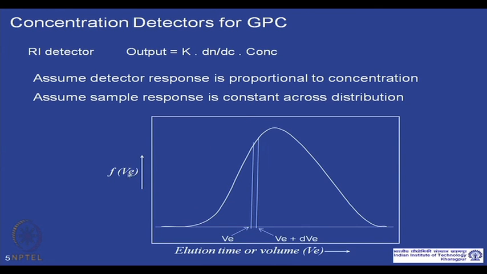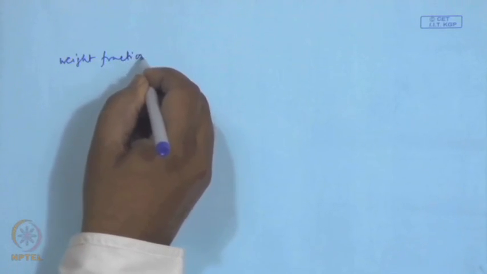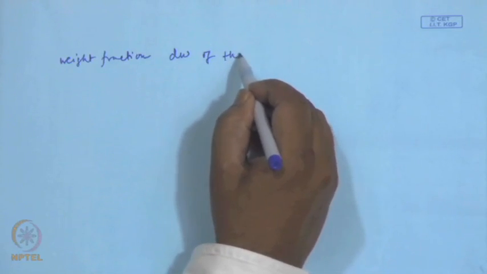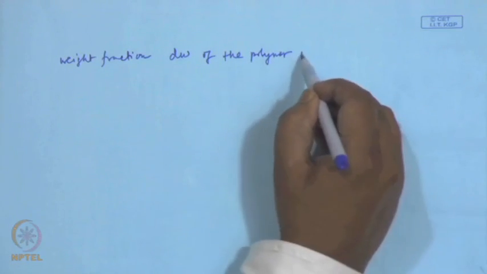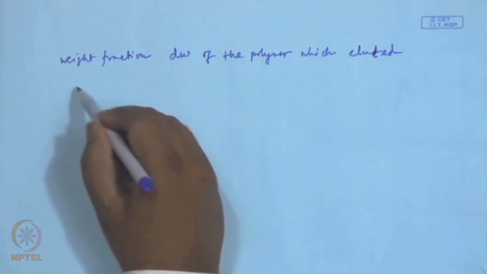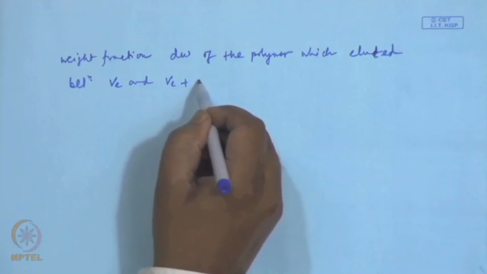Then we can, this is the detector signal and this is the elution volume V. So, we can simply write the weight fraction dW of the polymer which eluted between V and V plus dV.